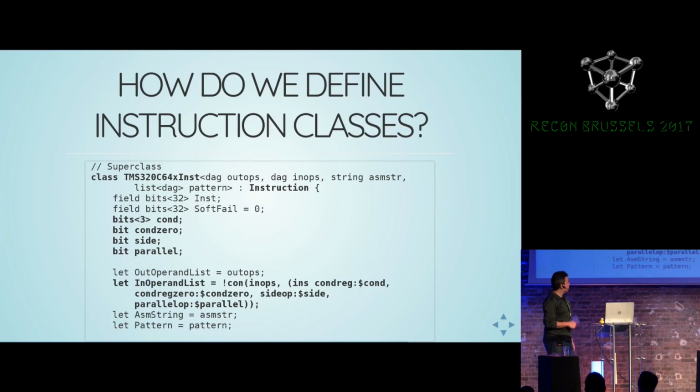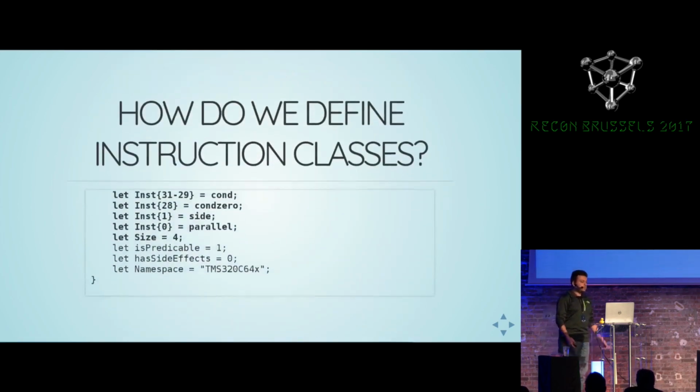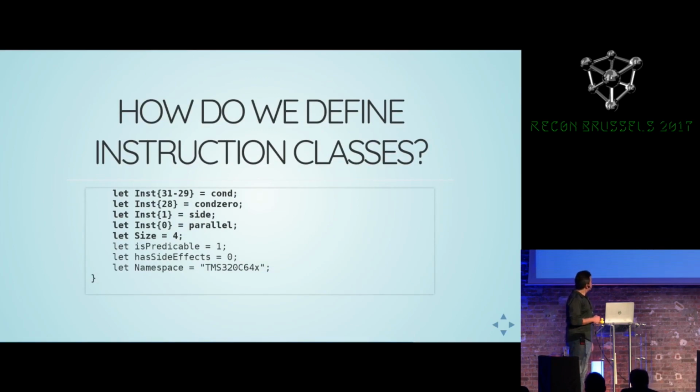We must define the output operands and the input operands over here. All these are considered operands because there's no other way to describe them as inputs to the decoder. And we specify at which bits every operand can be found, the size of the instruction, and some other standard stuff.